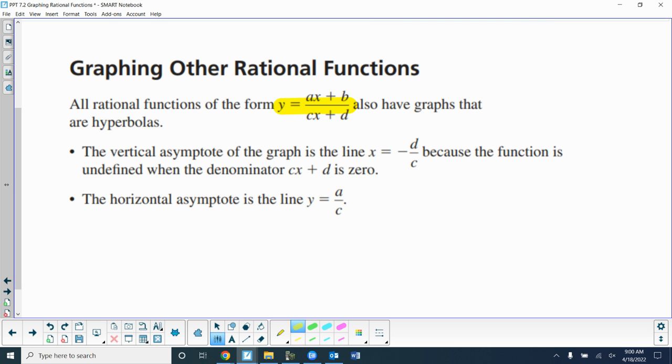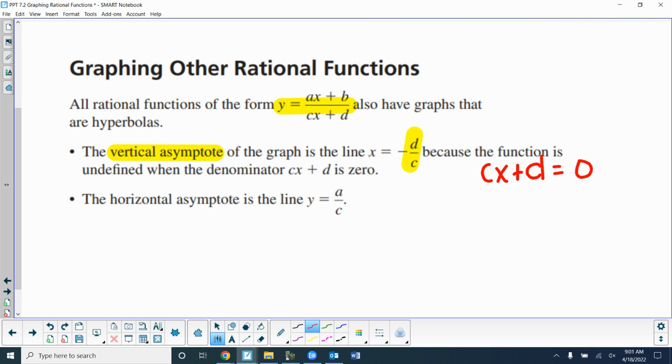It says the vertical asymptote is whatever makes the bottom 0. If I set that equal to 0, I'd have to subtract the d over and divide by the c, right, to get x alone. So basically all you're writing to find the vertical asymptote is you're writing cx plus d equals 0 and then solving that for x.